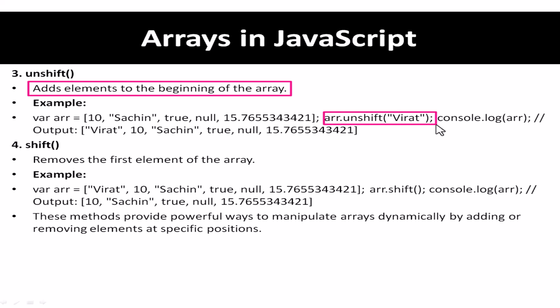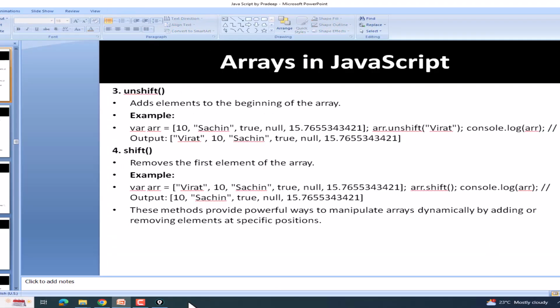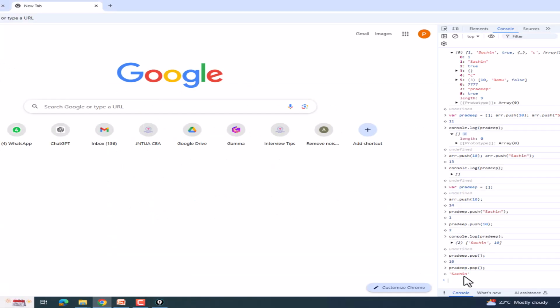So what I am going to use is Pradeep.unshift. Now I am going to use the particular variable which I deleted, Sachin.